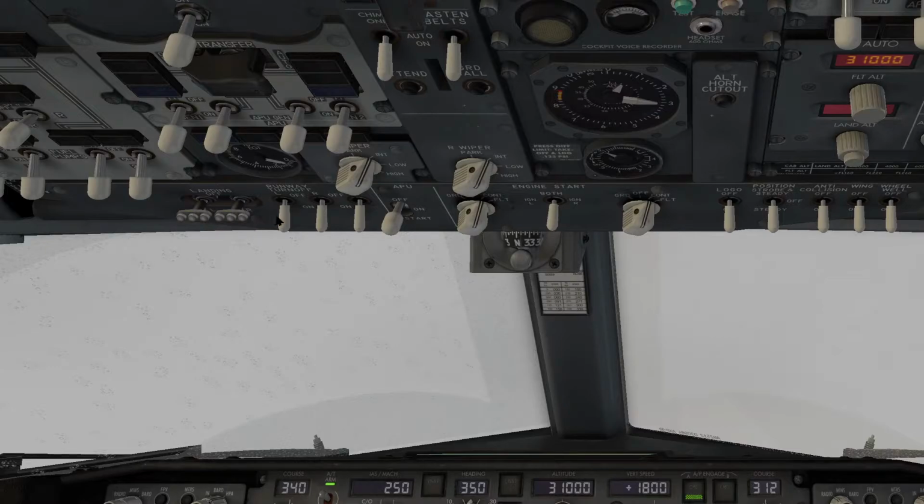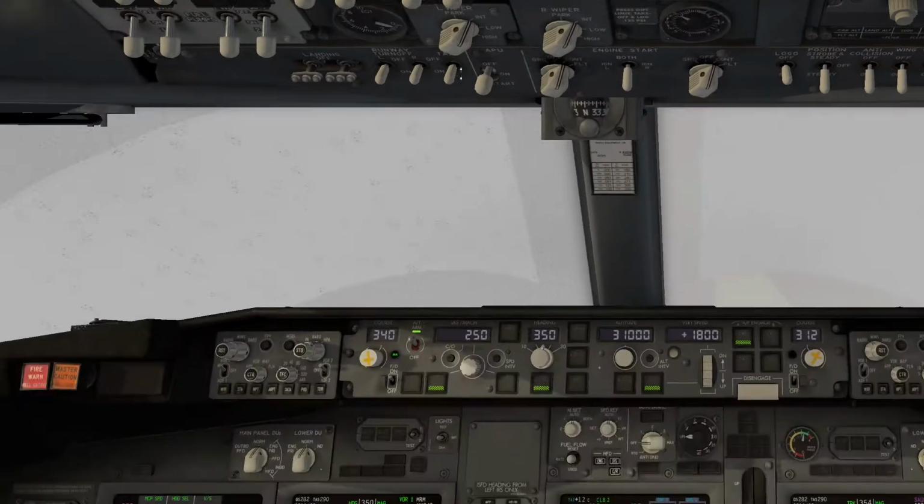Off, landing lights, and return off, taxi lights, logo lights, wheel well lights, and seatbelt signs to auto.